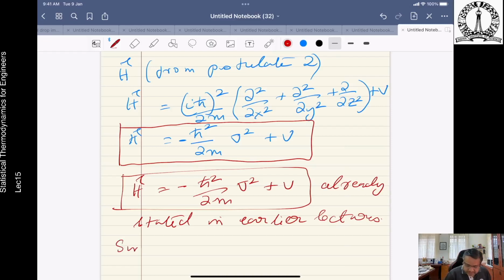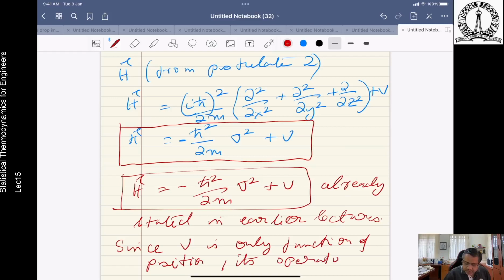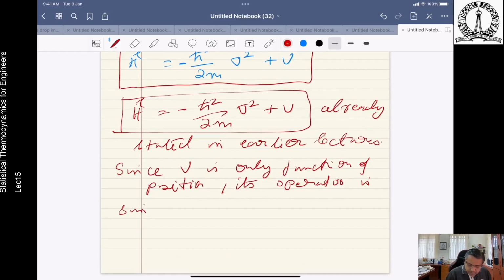Since V is only a function of position, the operator is simply multiplication by V. Now, we also know that H is nothing but the total energy.